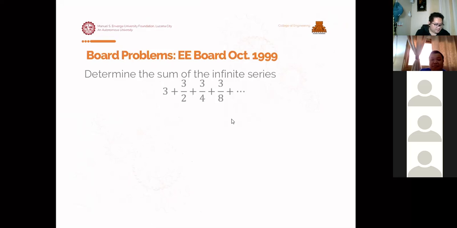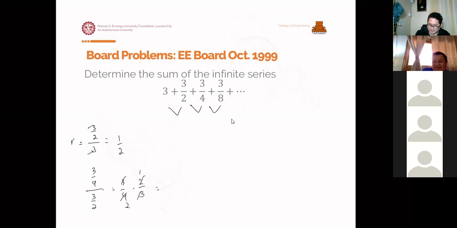Next, determine the sum of the infinite series. Check nyo na lang ulit yung ratio. 3 halves over 3 equals 1 half. Then 3 fourths over 3 halves equals 3 fourths times 2 thirds, cancel out, so 1 half.